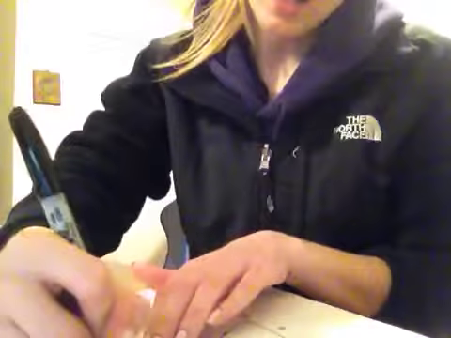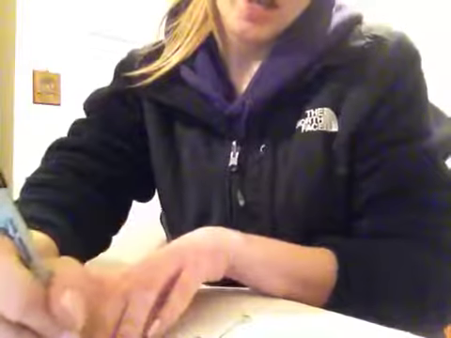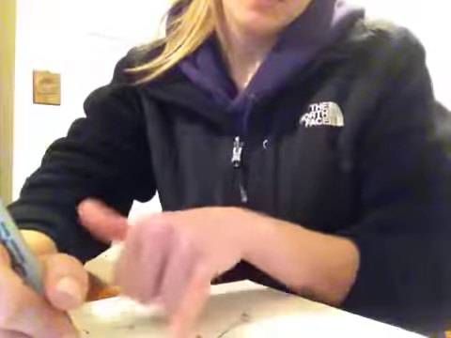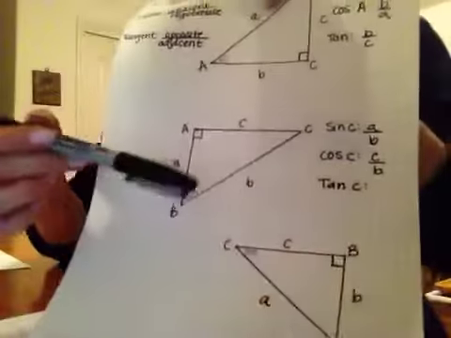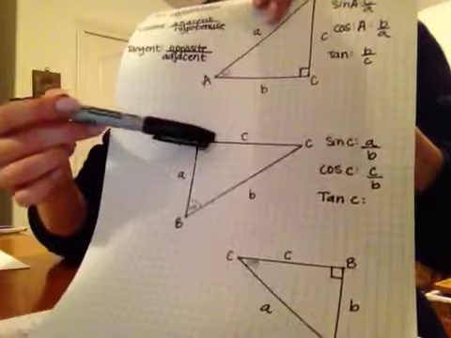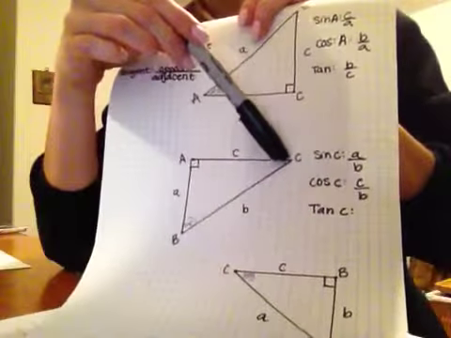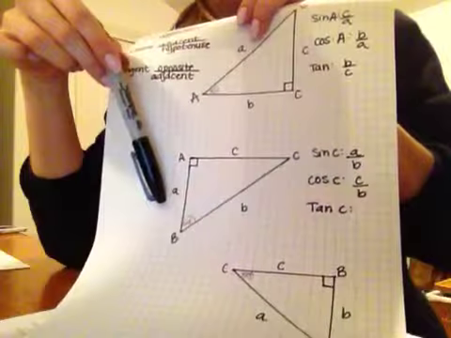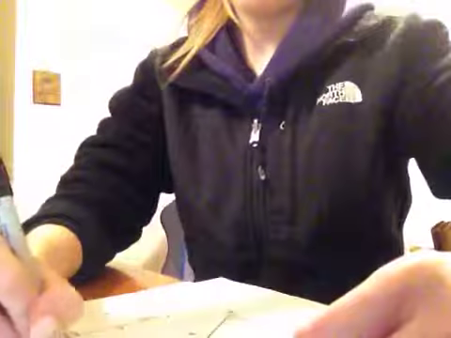So the cosine of C would be adjacent, which is C, over hypotenuse, which is B. And the tangent of C would be, here we go, the opposite, which is A, over the adjacent, which is C. So it would be A over C.